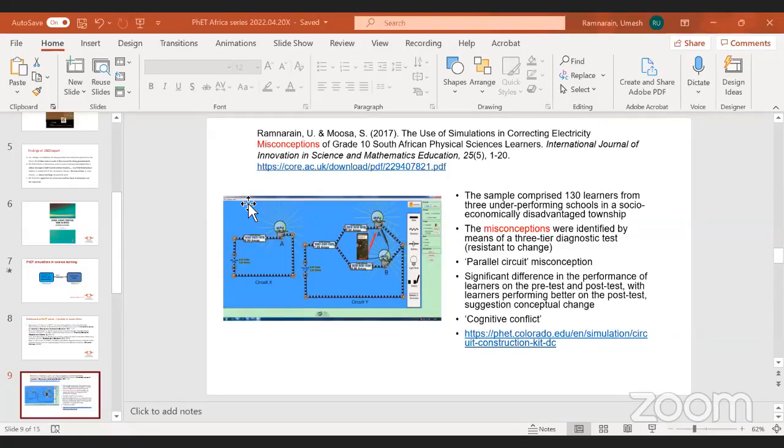And the understanding that learners have on this arrangement in an electric circuit is that as more light bulbs are added in parallel, the brightness decreases due to an increase in resistance. So of course we know that that is incorrect, but that is what students firmly believe in.